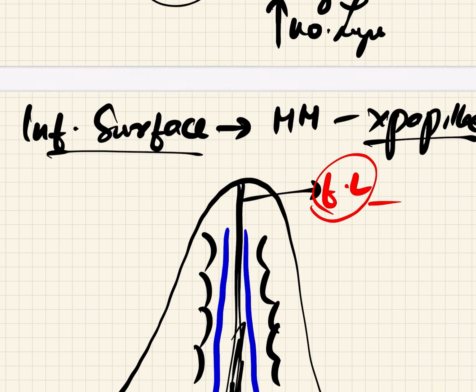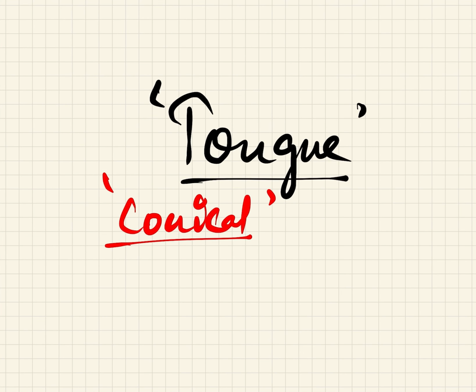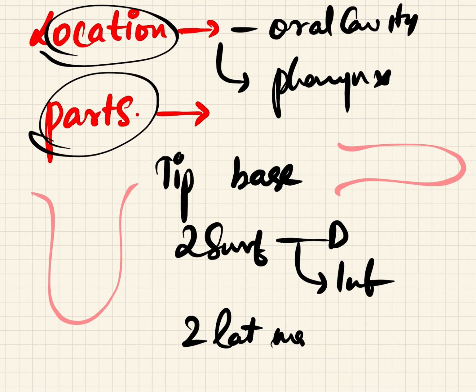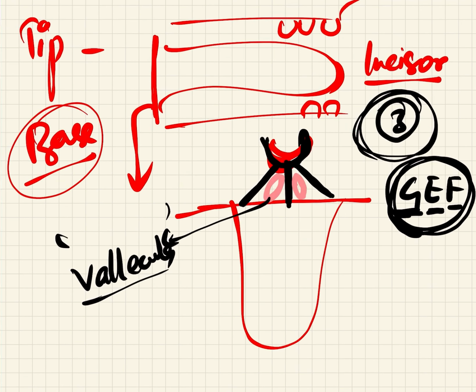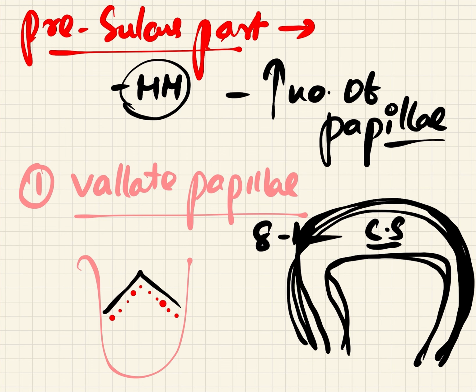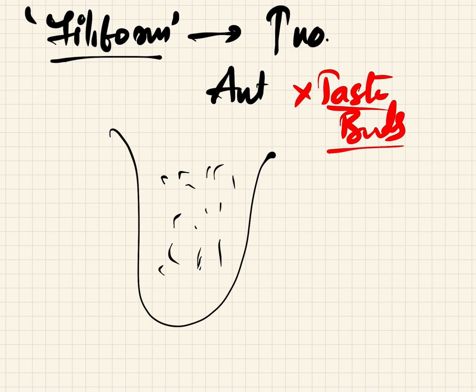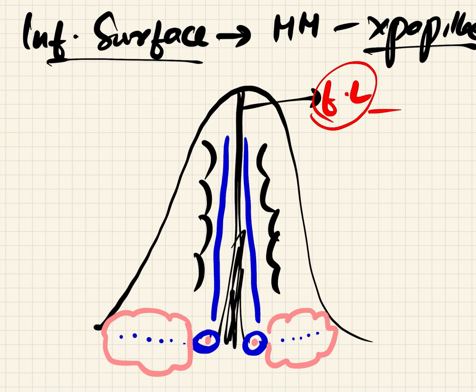Okay guys, in this video we have spoken about the tongue, its location, its parts, tip, base, two surfaces, two lateral margins, the pre-sulcus part, post-sulcus part, different types of papillae and their location, the inferior surface, and the clinical aspect.